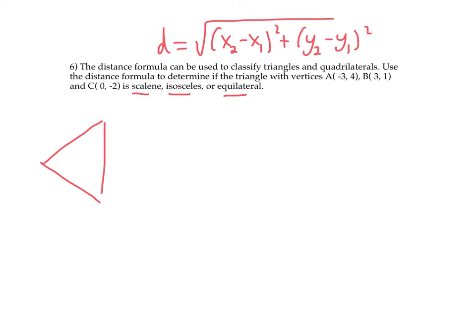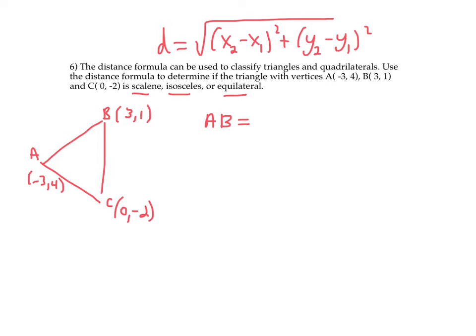Let's go with point A here at negative 3, 4. Point B here at 3, 1. And point C here at 0, -2. Now what we want to do is find the lengths of all three sides. So we're going to use the distance formula to find the length of line segment AB.